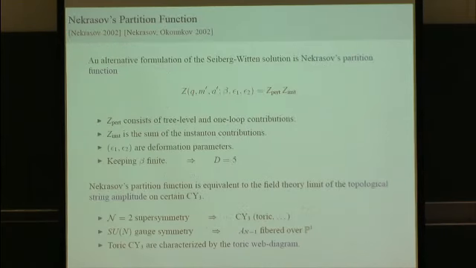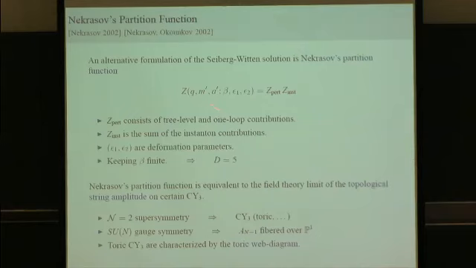So we know that there's a separate way to describe this Seiberg-Witten solution using the Nekrasov partition function. You start from your 4-dimensional gauge theory, which has Q, some M, and some Coulomb moduli, and then you deform your theory using 3 variables.